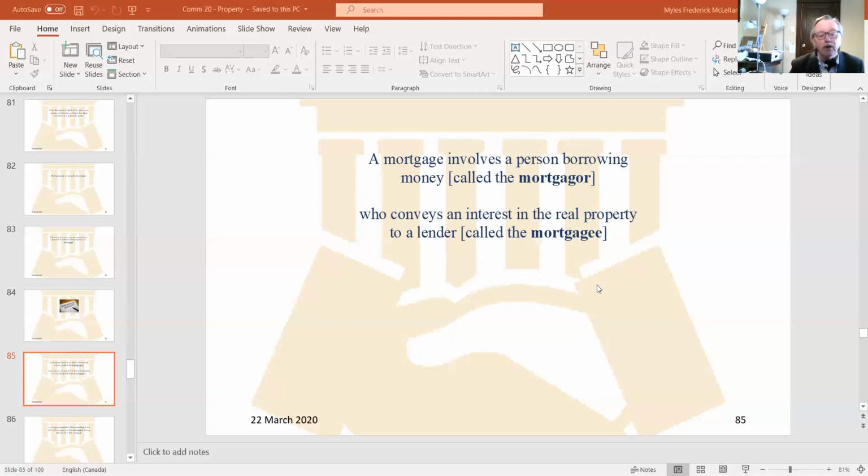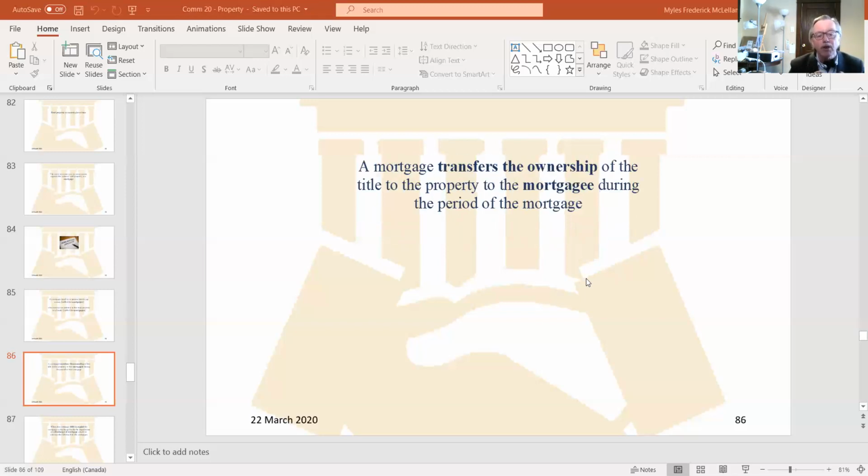And the person who is giving up the interest in their real estate, which means providing security for that mortgage, is called the mortgagee, right? So what essentially that means is that the person who lends money is the mortgagor, the person who borrows money is the mortgagee. Oh, it's the other way around, I apologize. The person who borrows the money is the mortgagor, the person who lends it is the mortgagee. I'm sorry about that, okay.